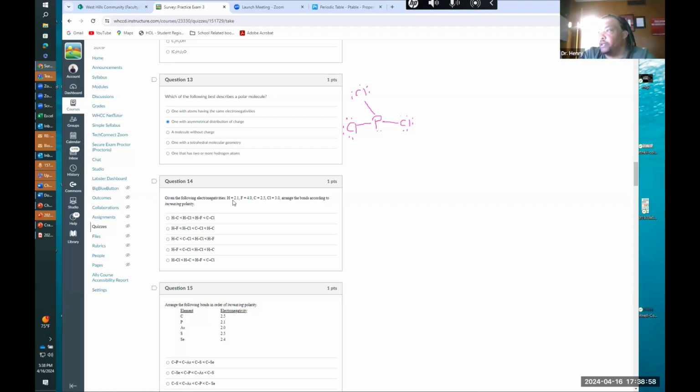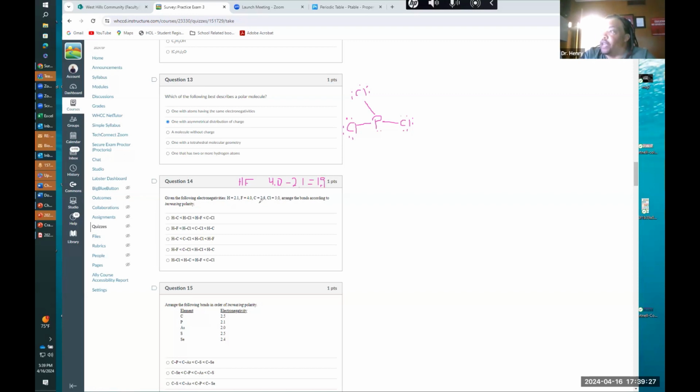So in this case, let's say we have hydrogen and fluorine, H and F. You take the one that has a bigger number, so 4.0 minus 2.1 is 1.9.